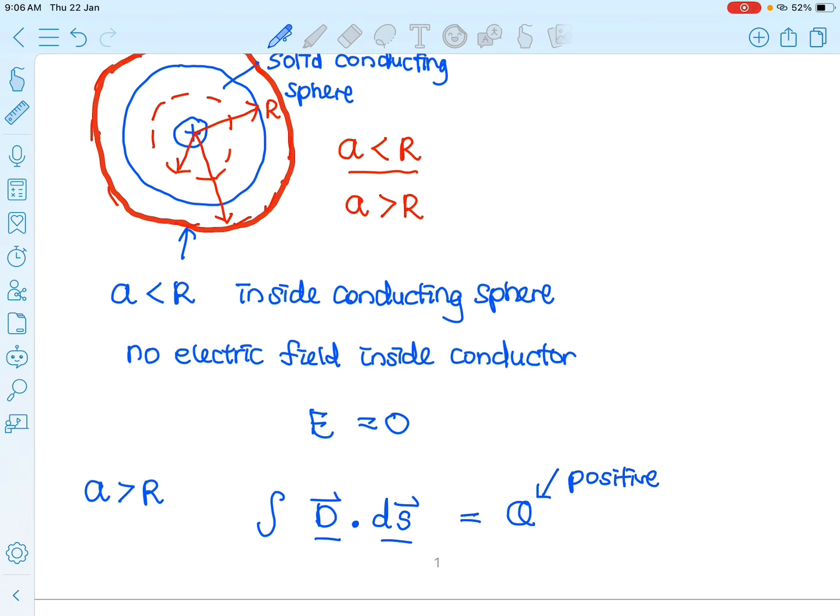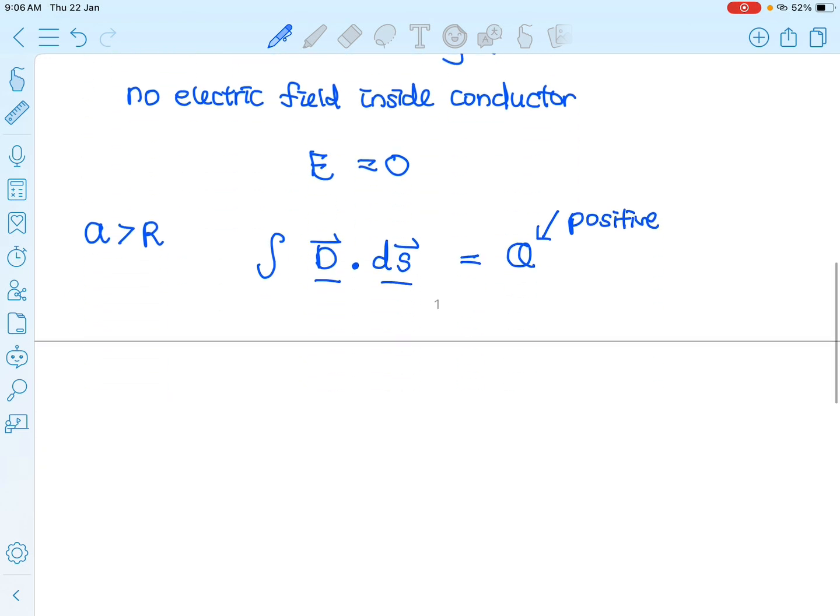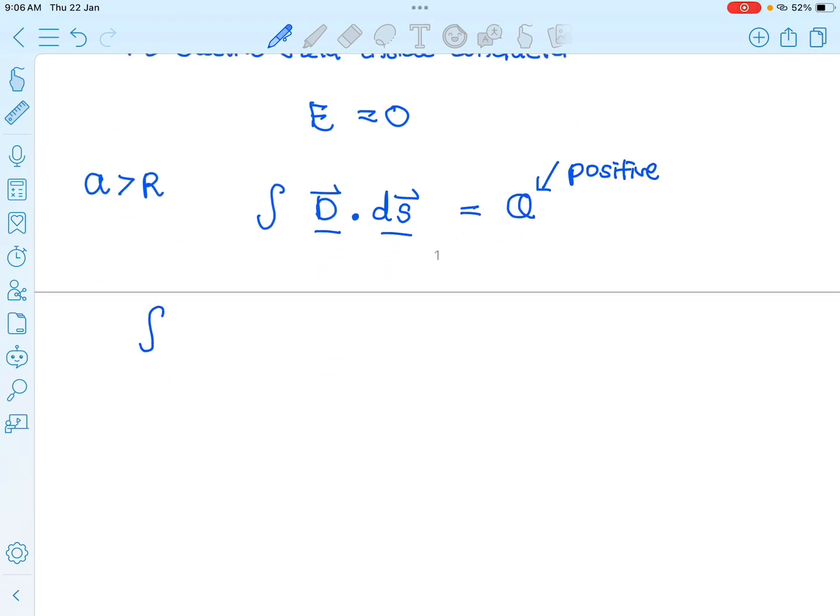You have a positive charge here, so the electric field will go in the radial directions, the R directions. We use the usual way to define the flux in the R direction, then dot product with dS, which is R sine theta d theta d phi.